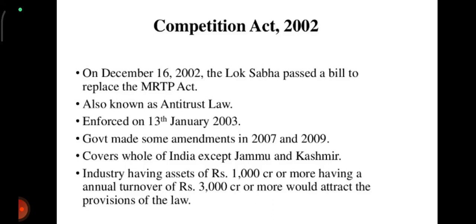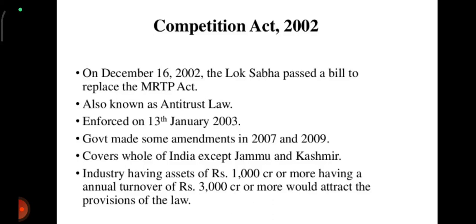On December 16, 2002, the Lok Sabha passed a bill to replace the MRTP Act. It was also known as antitrust law. So, what was known as antitrust law? That was the MRTP Act 1969, which was replaced by the Competition Act 2002.